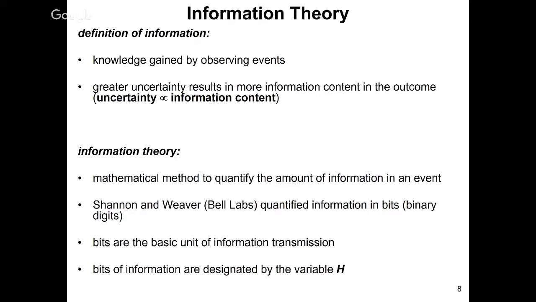You have zero sensory inputs. That would be total uncertainty. You are at an altitude, but you have no idea what altitude. Whereas with the reverse, with just a little bit of information, you have total certainty, right? So greater uncertainty results in more information content in the outcome.